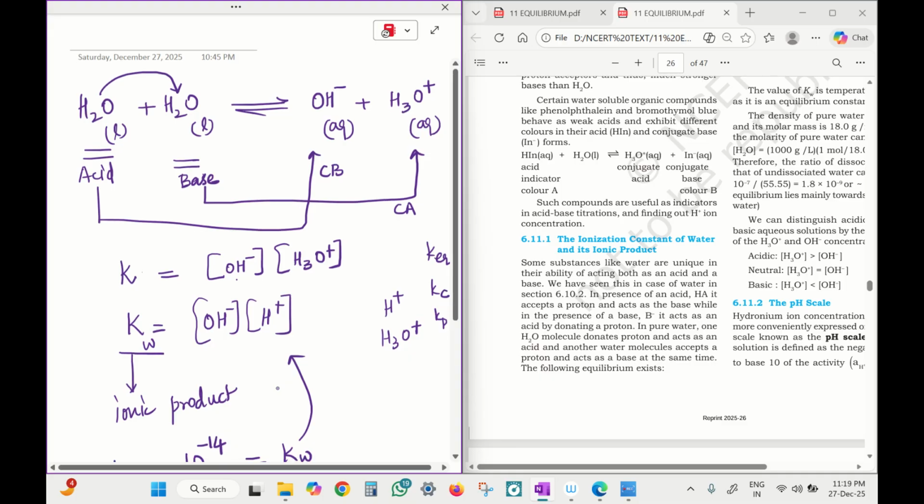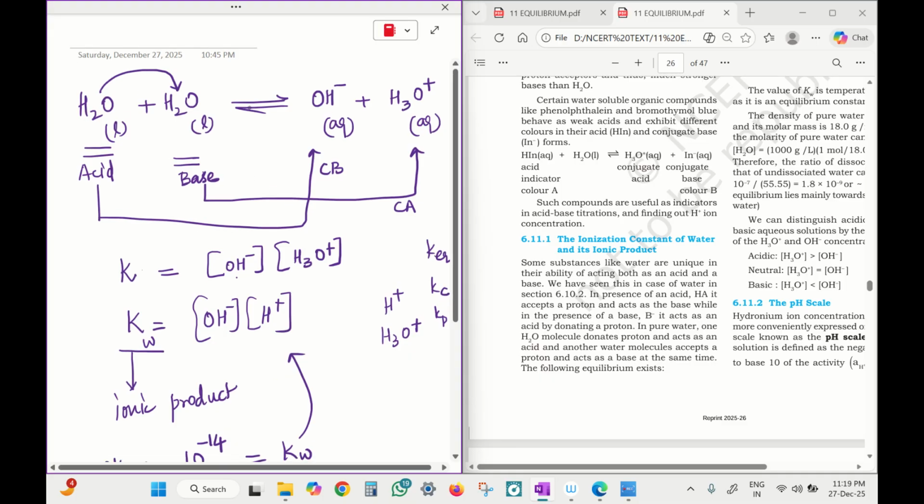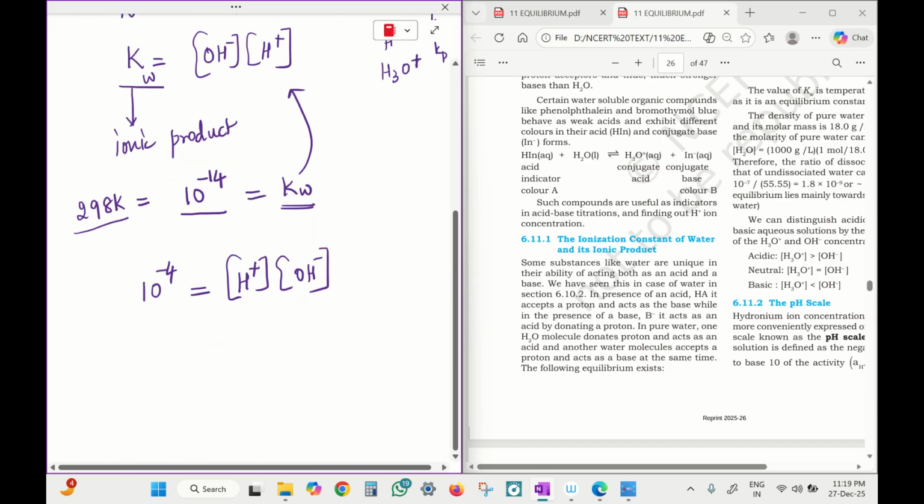Now, if you go back and see, whenever water dissociates, the amount of OH minus ion concentration will be the same as the H plus ion concentration. So, in this equation, the H plus ion concentration is the same as the OH minus ion concentration. So, can we not write H plus ion concentration in the place of OH minus ion concentration?